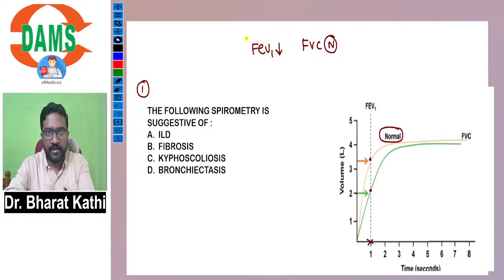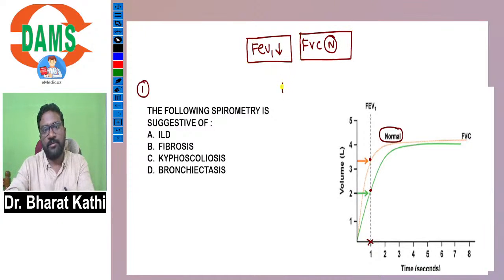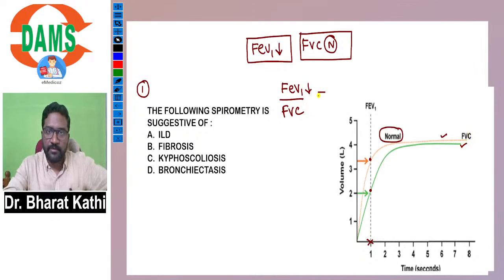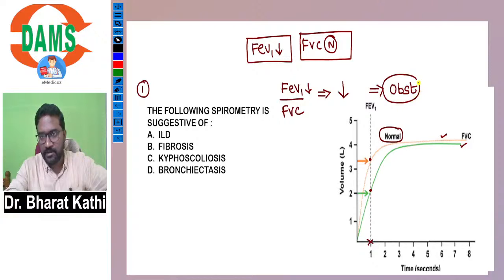FVC is near normal, so what will happen to the ratio? Because FEV1 is decreased and FVC is near normal, the ratio is reduced. Whenever the ratio is reduced, it is called an obstructive defect.